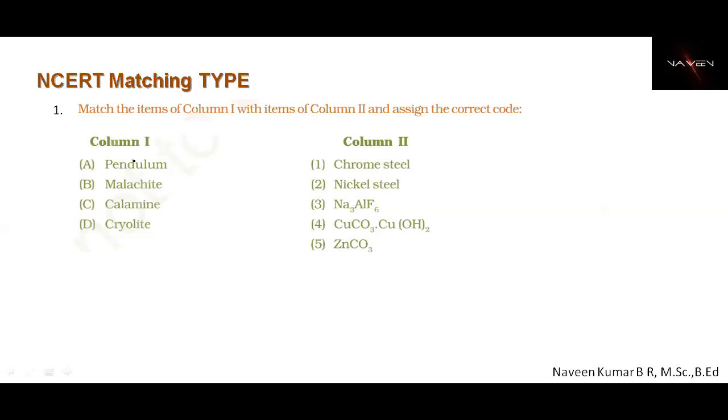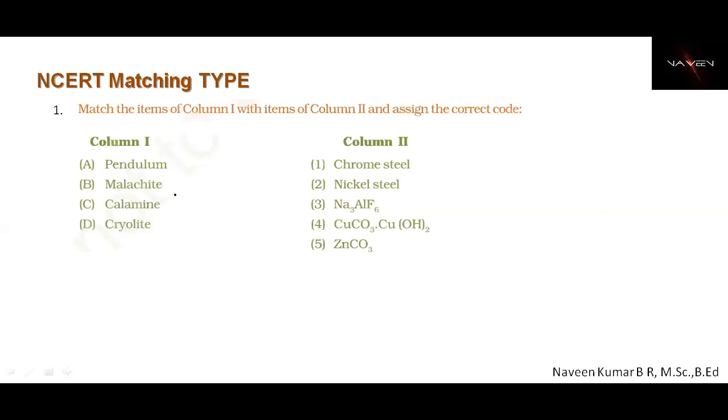Now, in column 1 they have given pendulum, malachite, calamine, cryolite. Pendulum is an alloy, so we'll consider which type of metals are present in it.